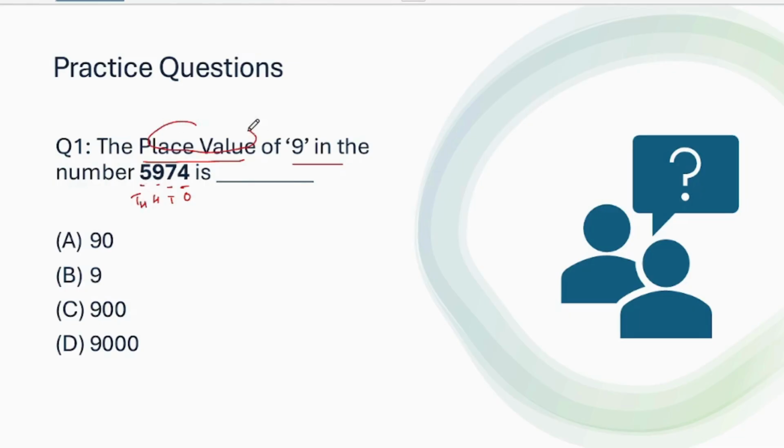It is asking the place value of 9. It means 9 multiplied by its position. It is at hundreds, so 9 multiplied by 100 is equal to 900, the place value of 9 in the given number 5974. So C would be the right answer.